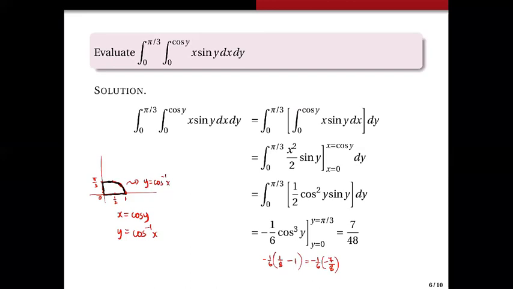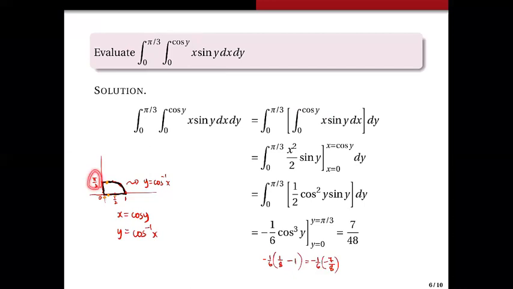So if you want to change, you want to do dy first, before dx. So you need the values for y. It will be from this point up to this point, but your x will only run from x equals 0 until x equals 1/2. Take note that here, the upper limit will be pi over 3.